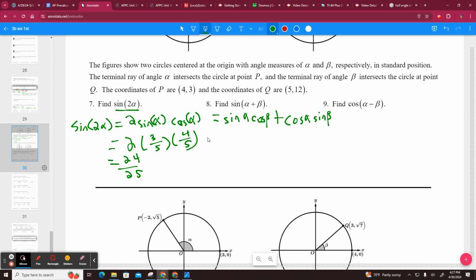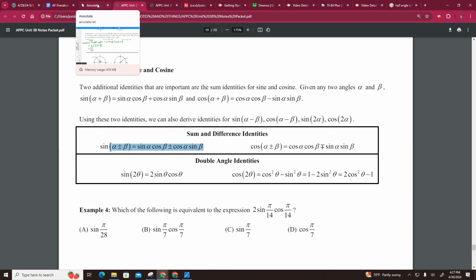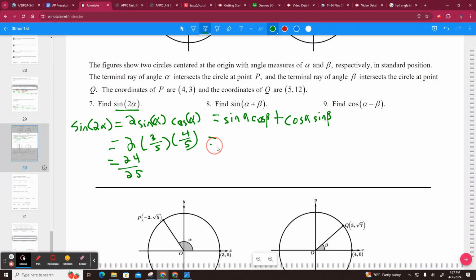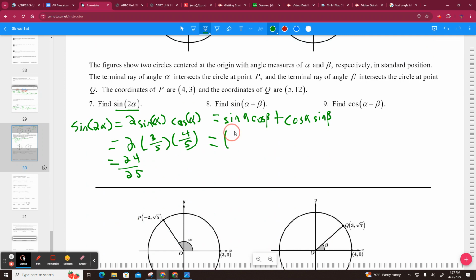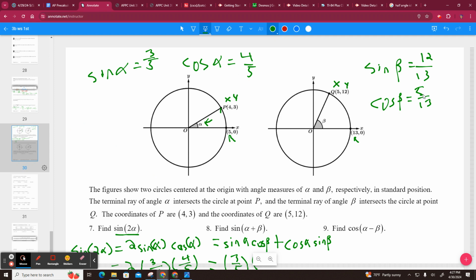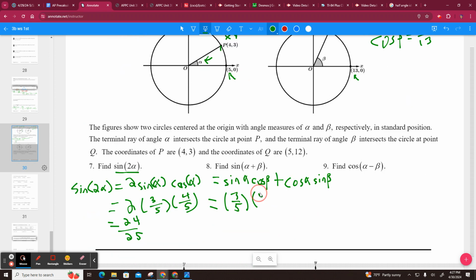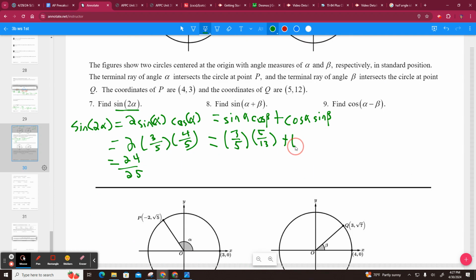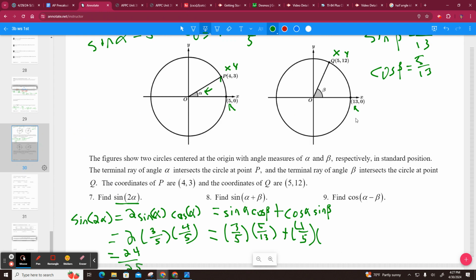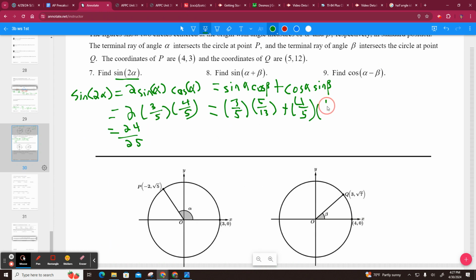And then when I write this out, that's going to give me sine of alpha is 3/5 times cosine of beta was 5/13 plus cosine of alpha was 4/5, and then sine of beta was 12/13.